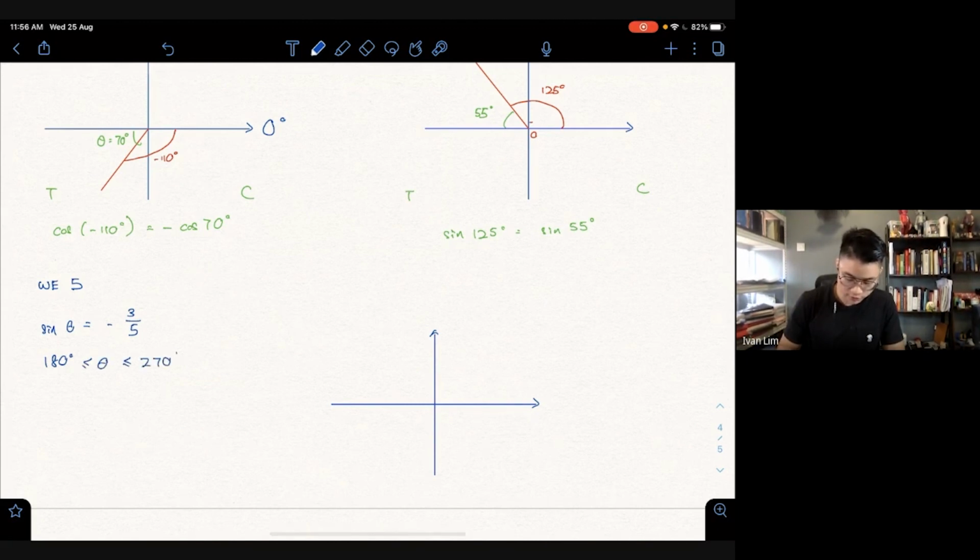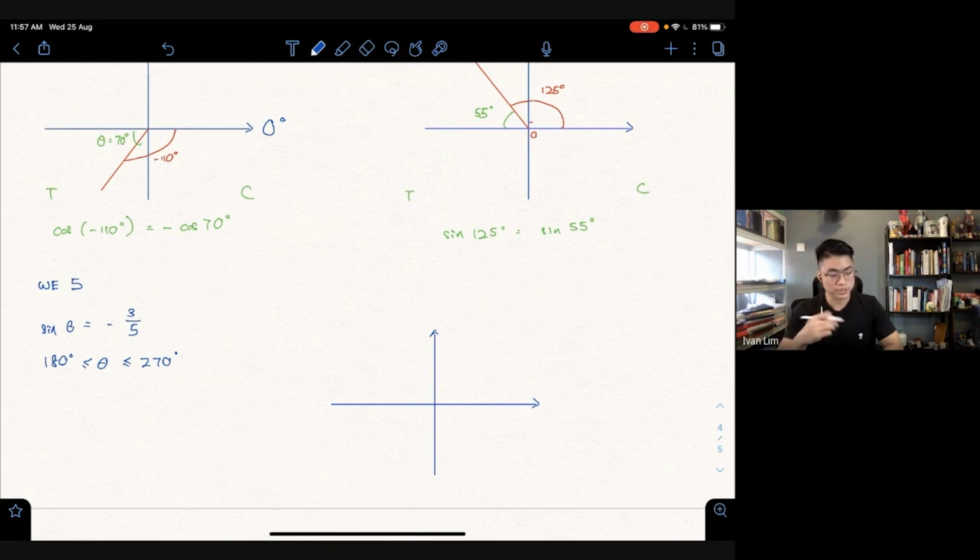They give you these angles for a specific reason: it is referring to which quadrant it is in. Where exactly is 180 degrees to 270 degrees? It's in your third quadrant, which is what I drew just now. The first quadrant is 0 to 90, second is 90 to 180, third is 180 to 270, fourth is 270 to 360. Now what do they want you to find? Find the value of tangent theta and the value of cos theta.